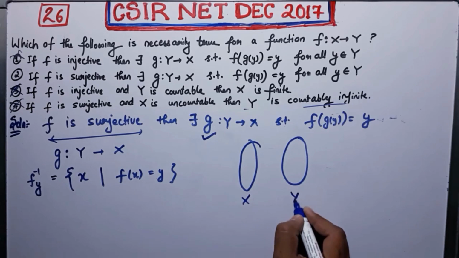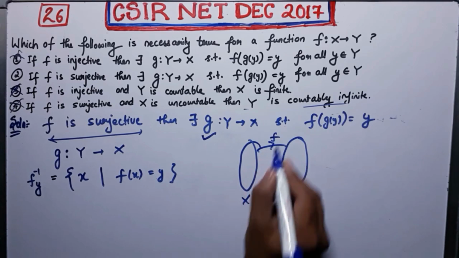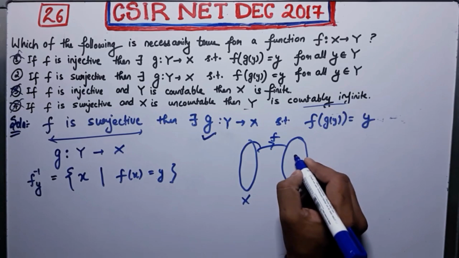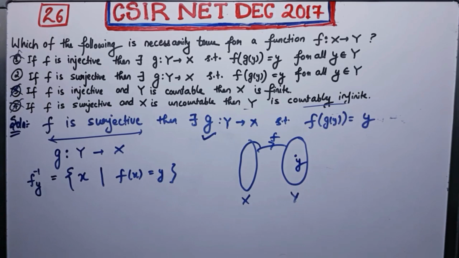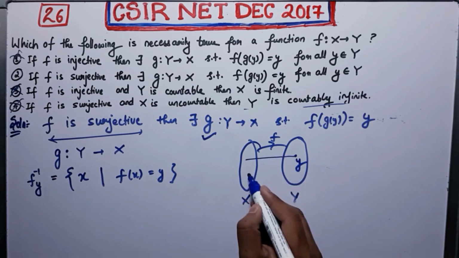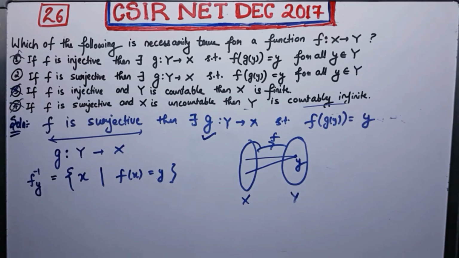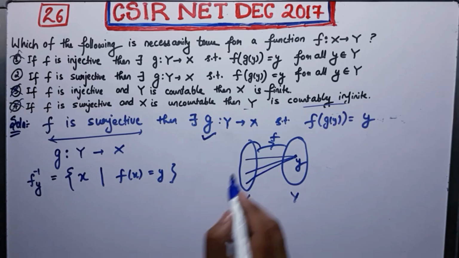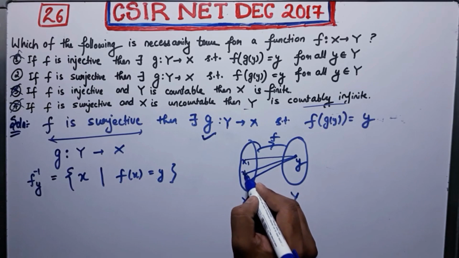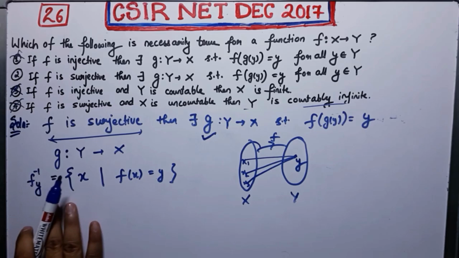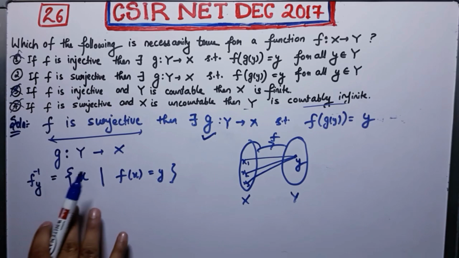Suppose this is X, this is Y, and f is a surjective map between these two sets. Since it is surjective, every element of Y will have a pre-image, but this is not guaranteeing that the function is one-one. That means in the pre-image set you may get x1, x2, x3 and many more elements.